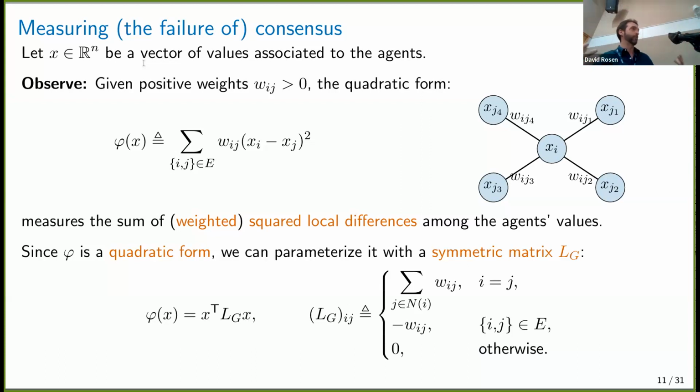I can read off the values of each of those rows just by looking at the local connections in my graph. So for the row corresponding to agent i, I look around at all of its neighbors, and the sparsity pattern of that row is exactly the connectivity of my graph around that agent. So I can translate directly from the graph structure to this matrix.